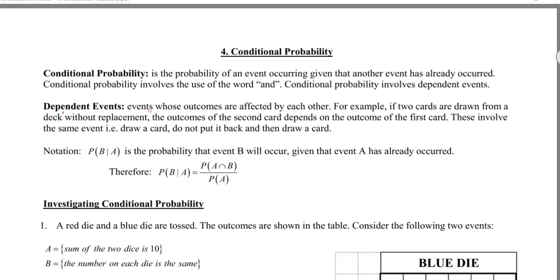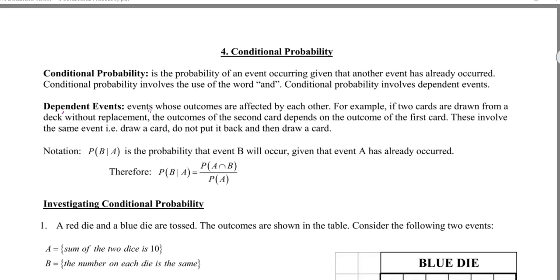At the point where we're working out the second probability, we're working it out based on something that's already happened. That's what makes it dependent. Something has happened, we're working on another probability, and it depends on what happened the first time around.